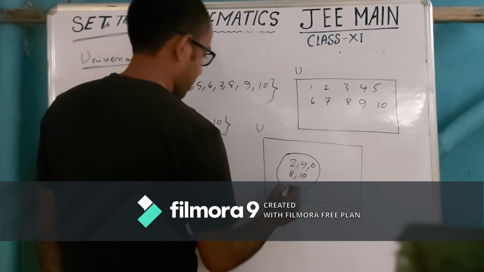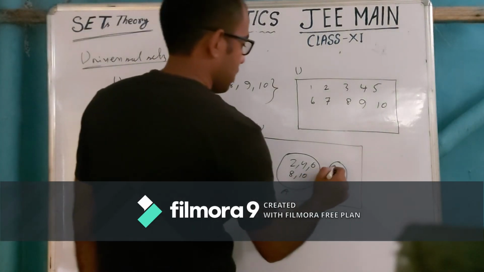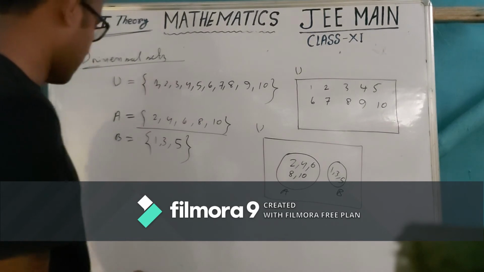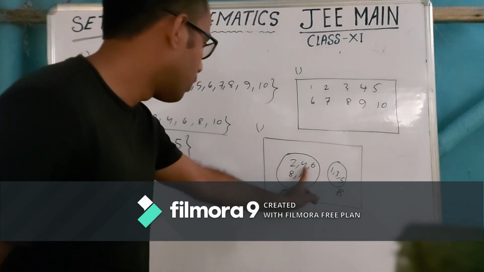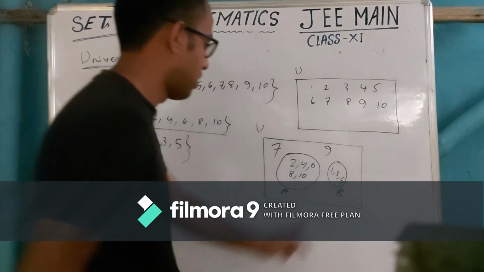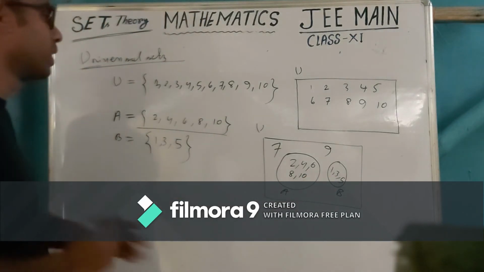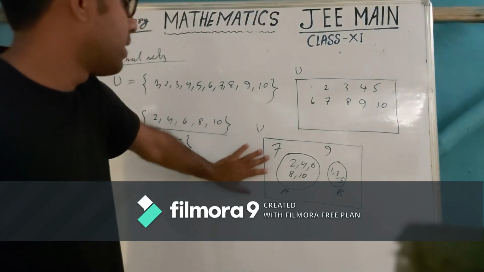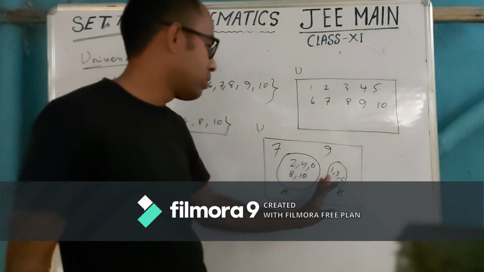This is a set A, and B is 1, 3, 5. That means U is a universal set which contains all the elements 1 to 10, and A is a set which contains all even numbers, that means 2, 4, 6, 8, 10, and B contains only three elements 1, 3, 5.